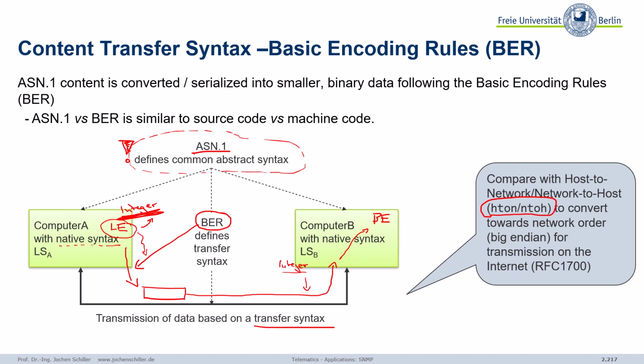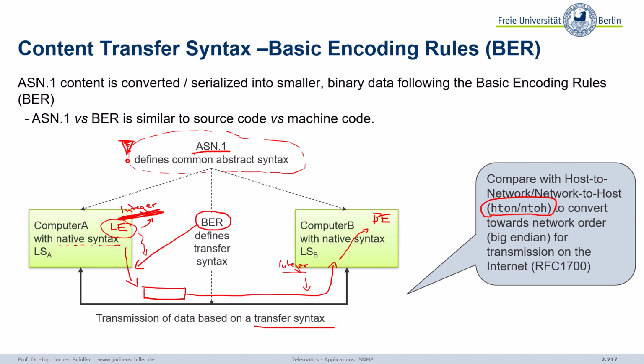You see, yes, very powerful, ASN.1, BER, etc. But again, the simple solution here, RFC 1700, is host to network, and we have a version short, 16-bit, long for 32-bit, and host to big endian 64 and big endian 64 to host for 64 bits.